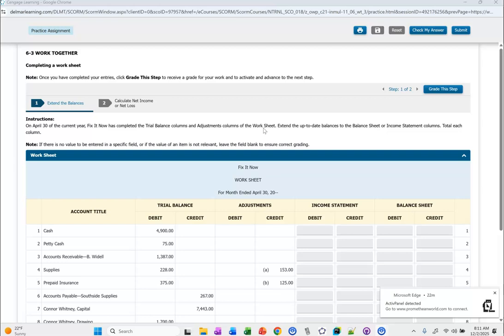The instruction says on April 30th of the current year, Fix It Now has completed the trial balance columns and adjustment columns of the worksheet. Extend the up-to-date balances to the balance sheet or income columns. Total each column. Note if there's no value to be entered in a specific field or if that item is not relevant, leave the field blank to ensure correct grading.